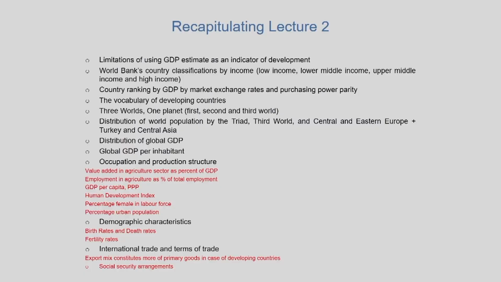I also briefly discussed the social security arrangements of the developing countries. What we found was that the developed countries have a more pronounced formal sector than the developing countries, as a result of which the social security arrangements are more elaborate in the developed countries. They can go up to as high as 70% in countries such as the Scandinavian countries such as Sweden and Finland.